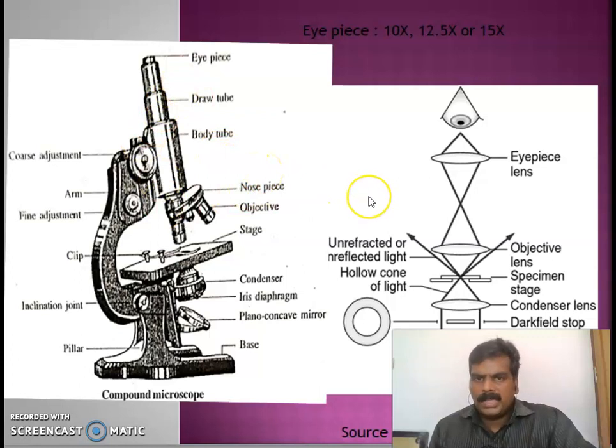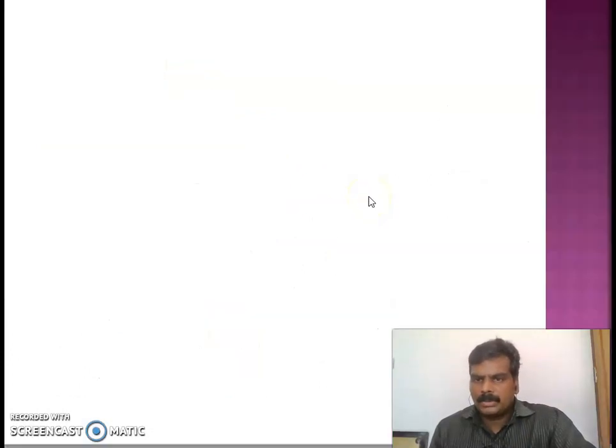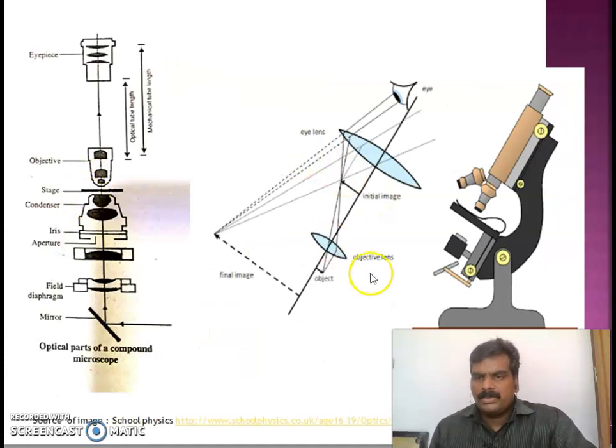Now let's see what the principle is and how this compound microscope works. If you see the diagram, this is a compound microscope and this is the position where we are viewing. This is our eye and this is the eyepiece. This is the first convex lens, the eyepiece, and this is the objective lens, and below this we are keeping the object.